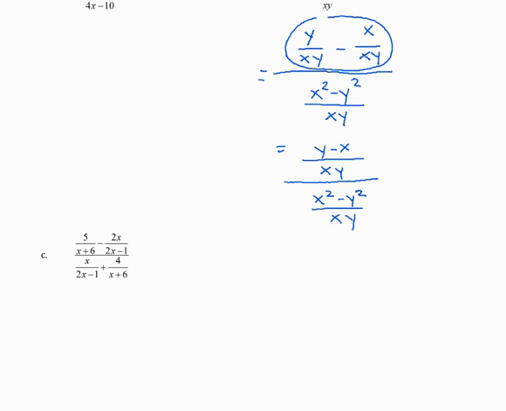At this point, we have a single fraction over a single fraction. So what can I do? I can multiply by the reciprocal. So I'm just going to take it nice and slow. You can do some of these steps in your head, but I have that first numerator, and I'm dividing by my second fraction, which means I'll multiply by the reciprocal of that.